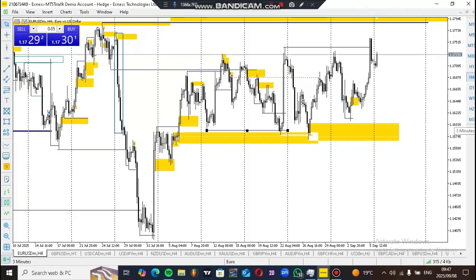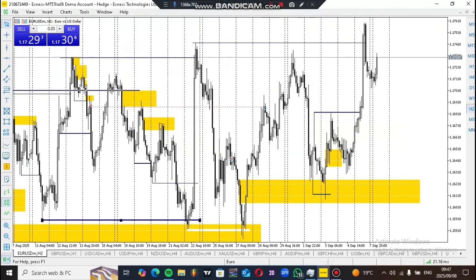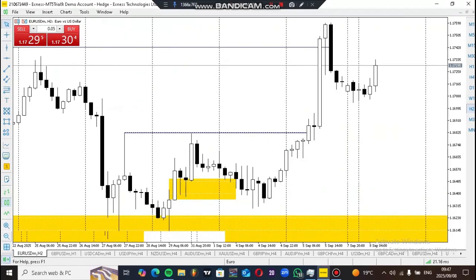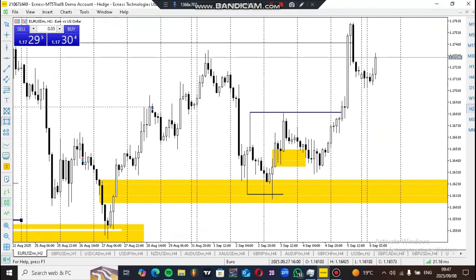As you can see, once we identified that, we're looking at ways in which we can attack the market, ways in which we can enter the market. What happened here is we had this inverted fair value gap, making the price range a bit balanced on the H4 or the H1 to further find the confluence on the right hand side.